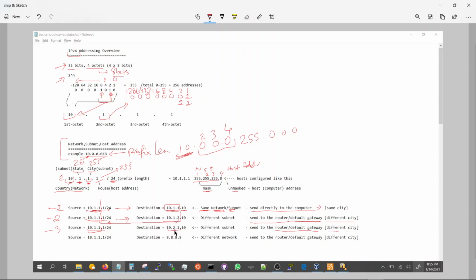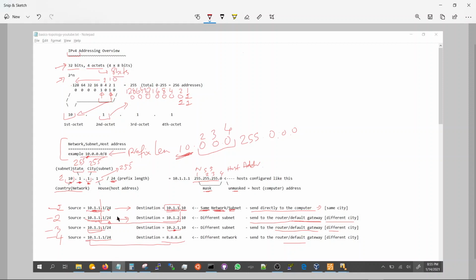In this case, the state is different altogether. And the last example, again, the source is your address, and the destination is a Google DNS. It obviously does not match, so it's going to send the packet to the default gateway.